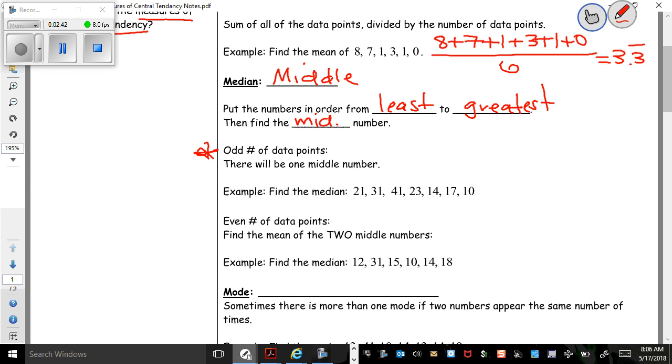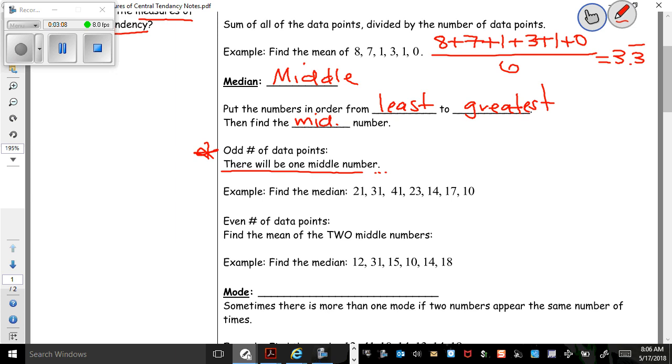If there's an odd number of data points, there will only be one middle number. So you're going to count, right? No, you have to put those in order first. We didn't put those in order, so we've got to list them in order.